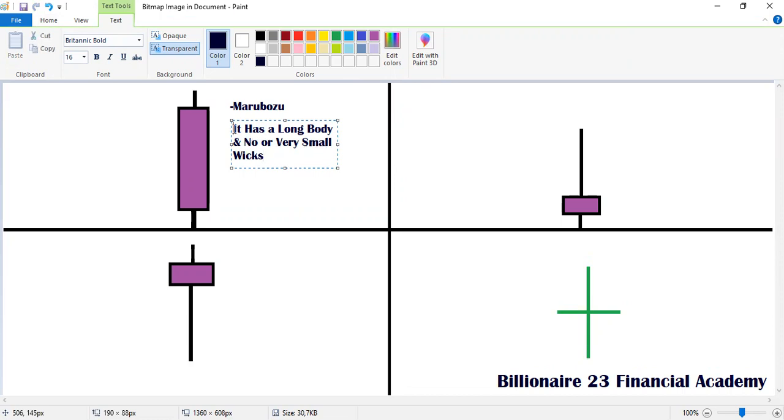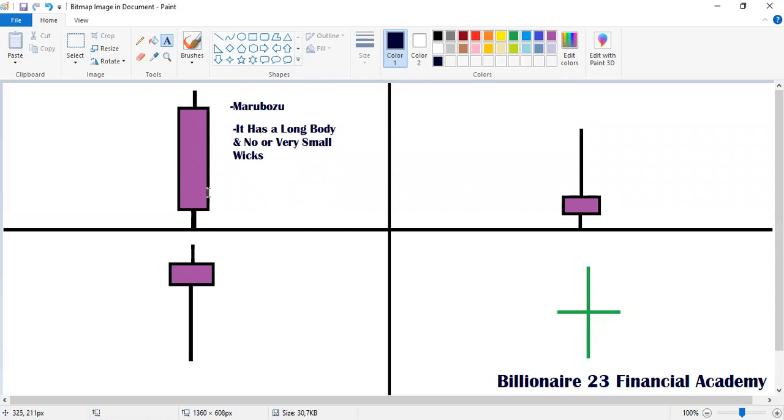The body is just the area between the open price and the close price.